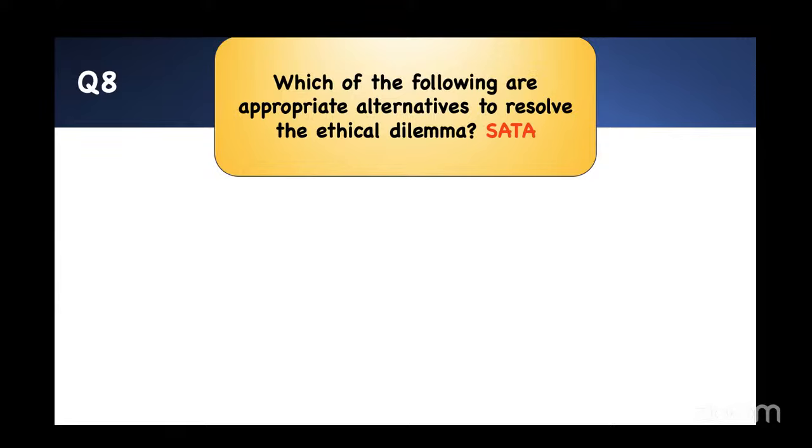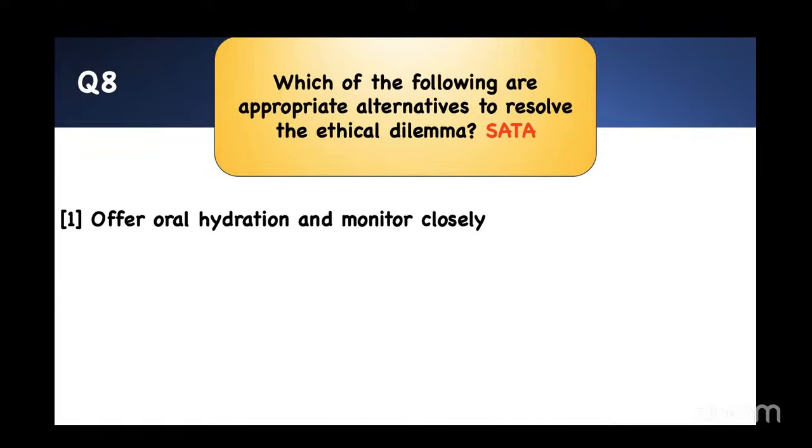We have an ethical dilemma. An ethical dilemma is a confusion between situations where the nurse does not know what to do. Does she insert the IV without the patient's consent and infuse, or what should she do? This is a problem. So with an ethical dilemma, what would the nurse do? First thing, offer oral hydration and monitor closely.